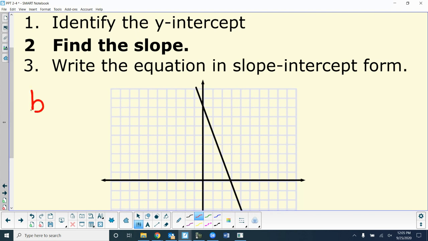Yep, b is 8. Very good. Let's just say this is the point, to make it easy on you, because it's kind of hard to see. Let's look at this point from there. Negative 1 over 3?